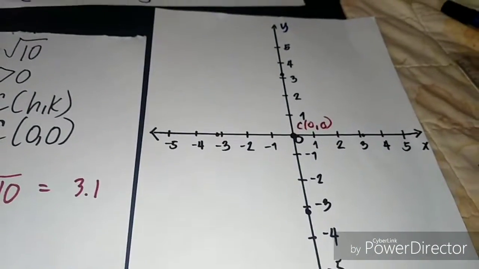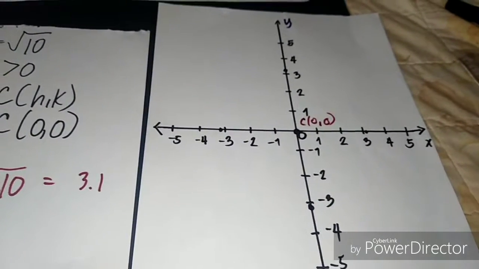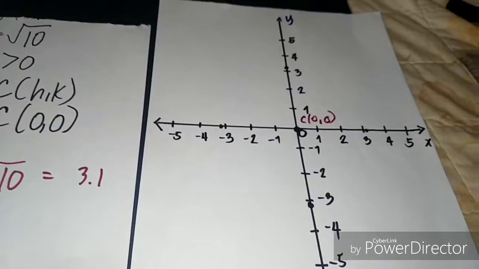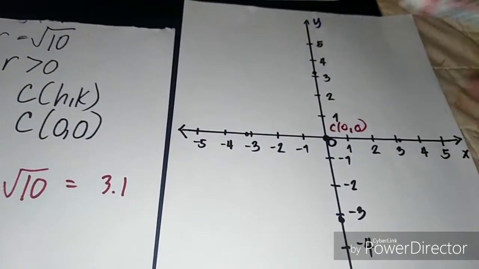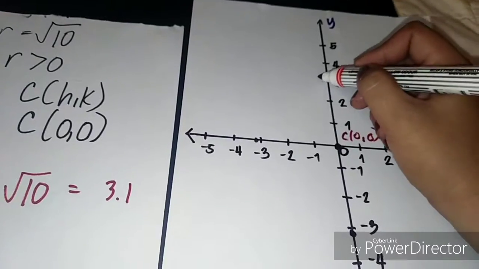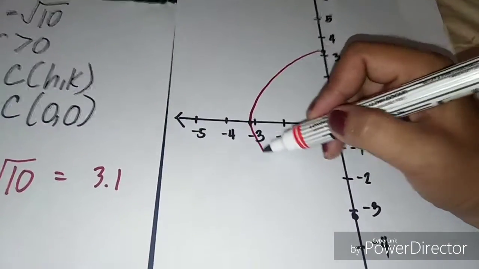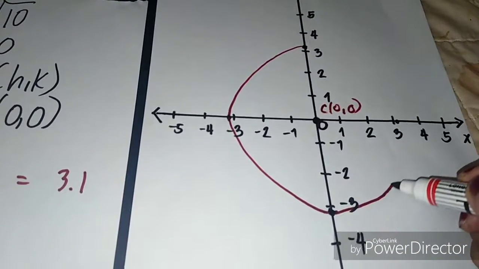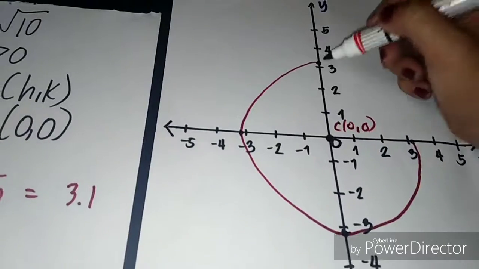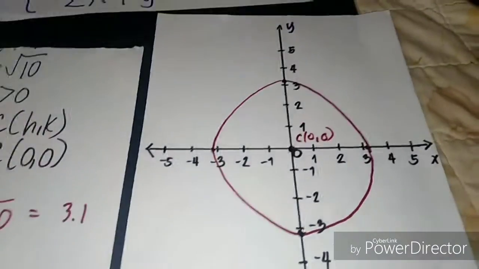So since we have the 4 points in the Cartesian plane, we can connect the 4 points to form a circle. So let us just connect the points.